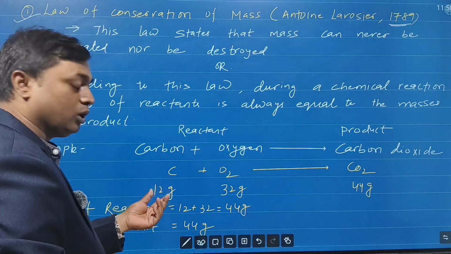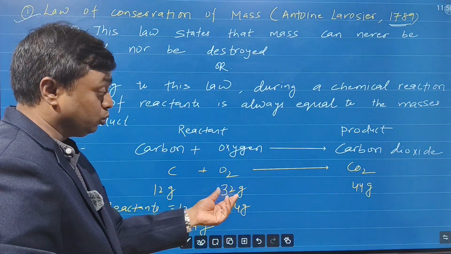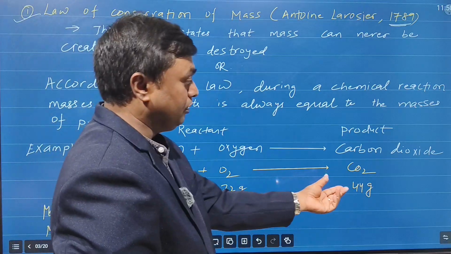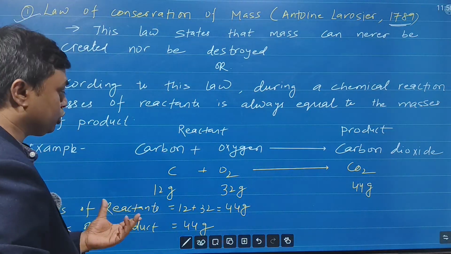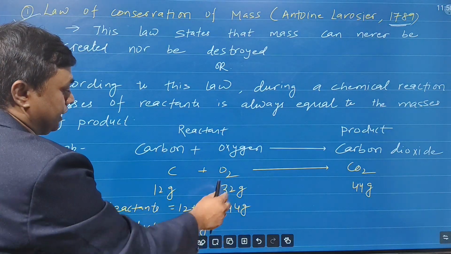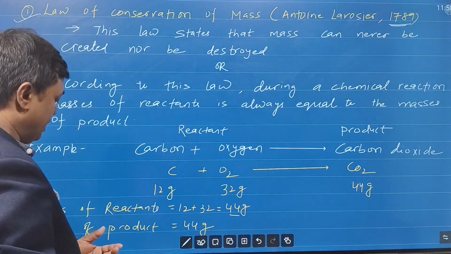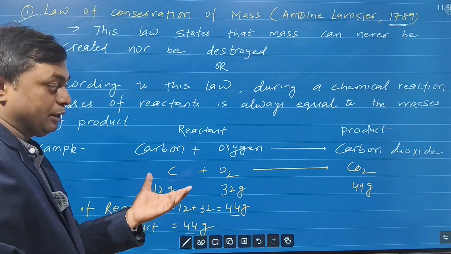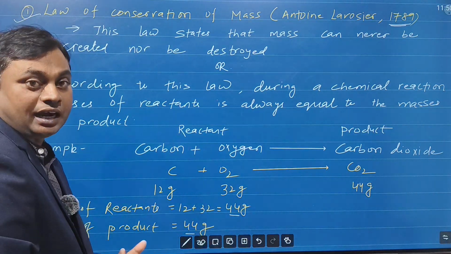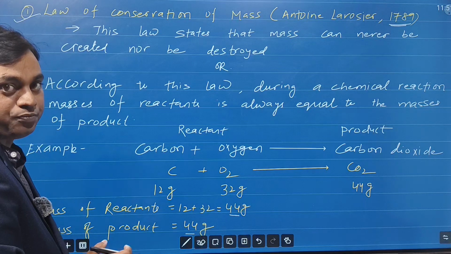So here carbon 12 gram, when it combined with 32 gram of oxygen, it gives 44 gram of carbon dioxide. So if you see masses of reactant, that is 12 plus 32 will get 44 gram, and masses of product also 44. So we can say that during a chemical reaction, masses of reactant is equal to masses of product.